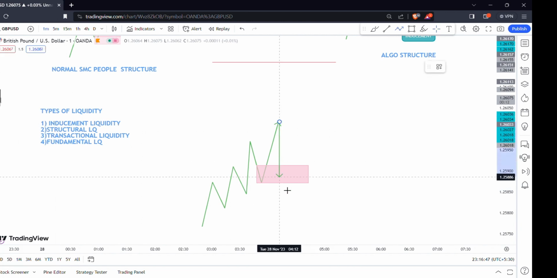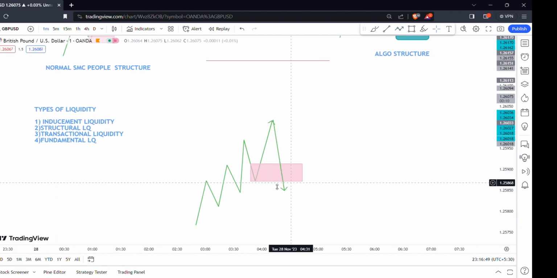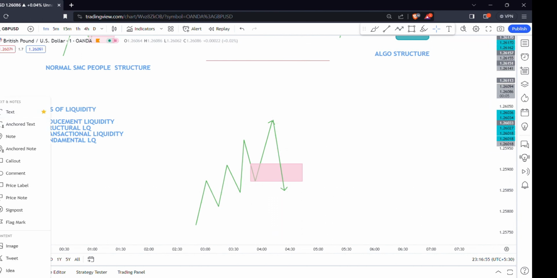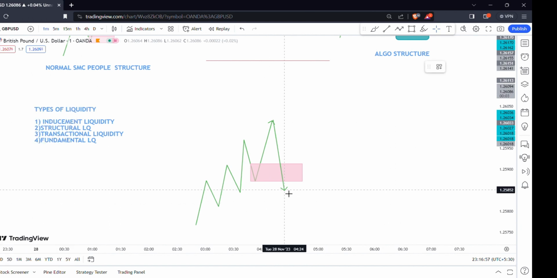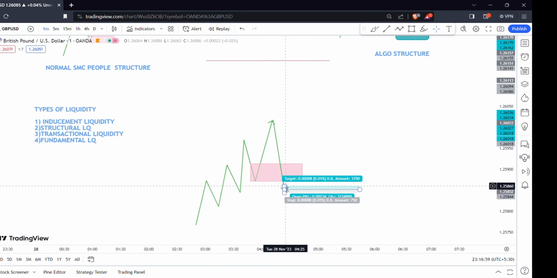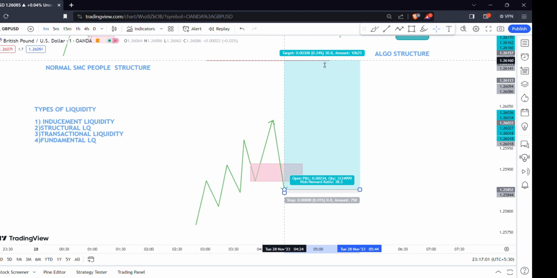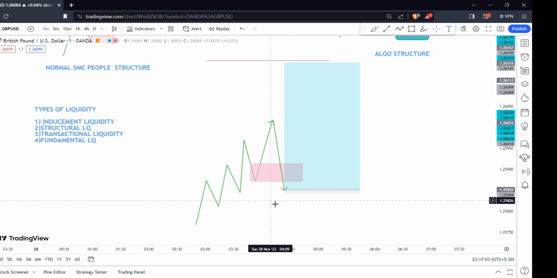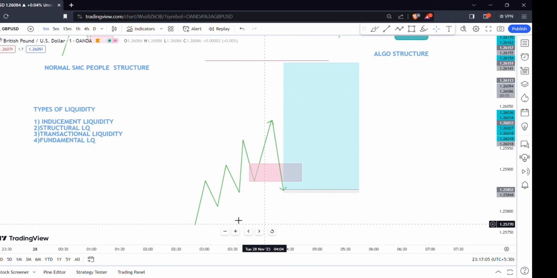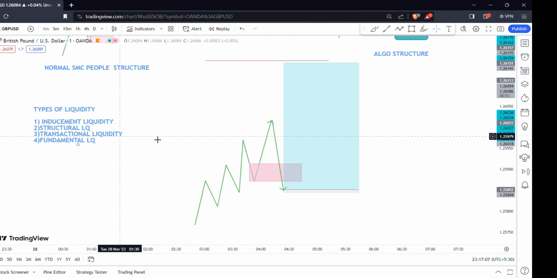This is the first sign indicating the market wants to reverse. So in the second time frame, I want to see a specific pattern here, and I will buy the market until this liquidity point. This is what I mean by inducement liquidity.